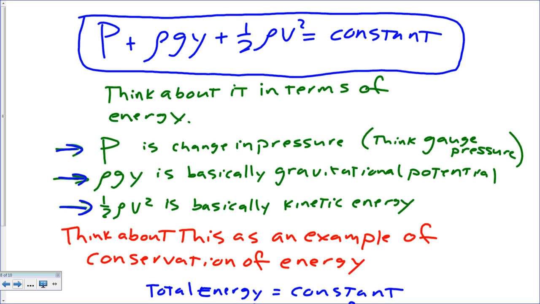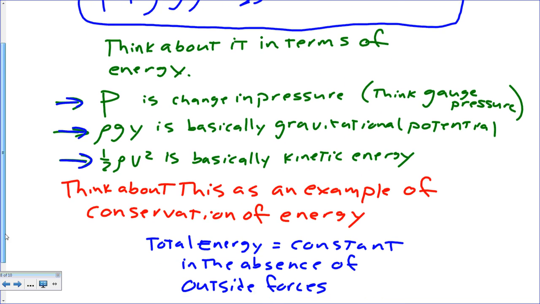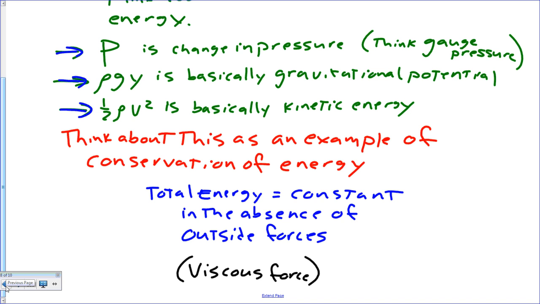There is no outside force to change the amount of energy. So the Bernoulli equation is an expression of conservation of energy. It's just the energy of the fluid. So pressure, gravitational potential, and kinetic energy. That's the important part. So conservation of energy. Total energy is constant in the absence of outside forces, otherwise known as viscous forces.